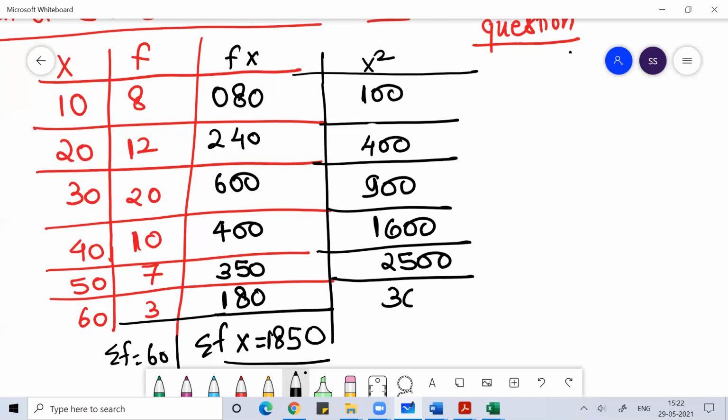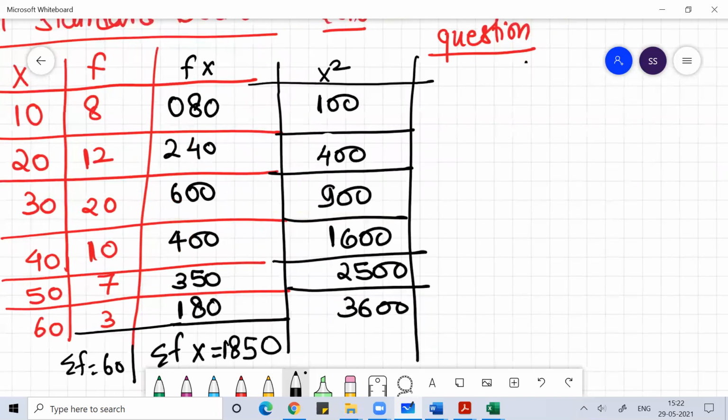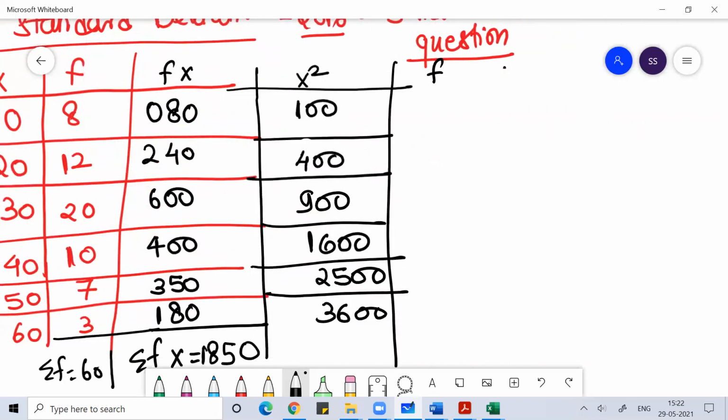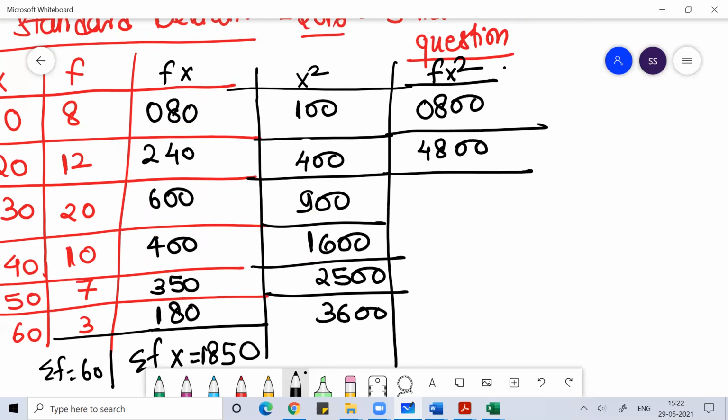Then this is 3600. What I need to do, I need to find fx square. So 8 into 100, 800. Then 12 into 400. 12 fours are 48, then double zero, 4800. Then 20 into 900, 18,000.